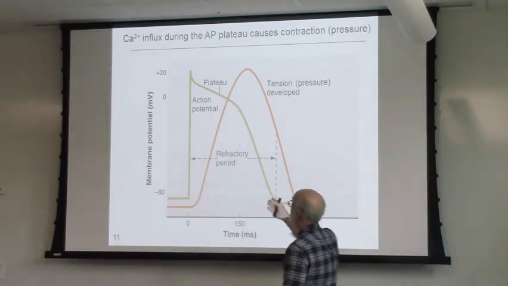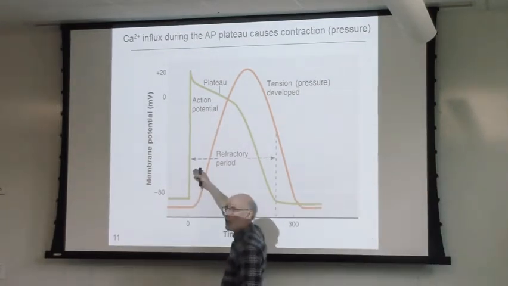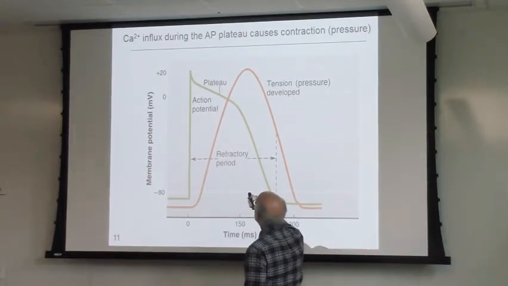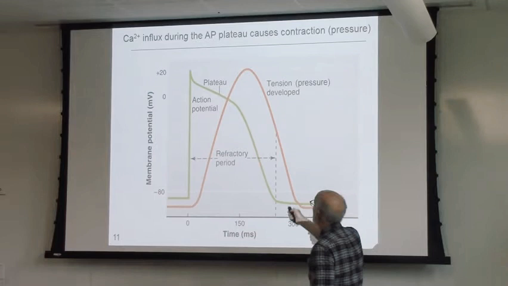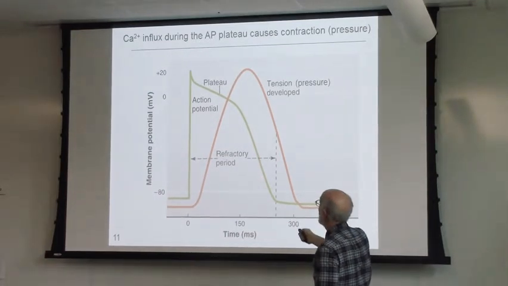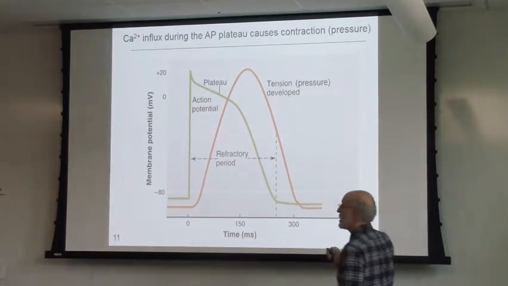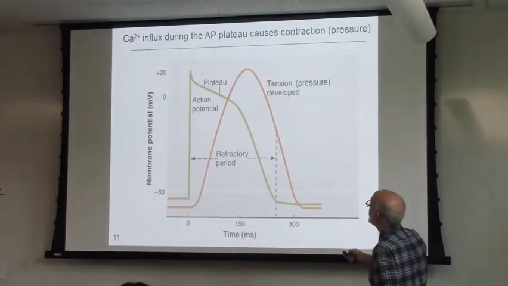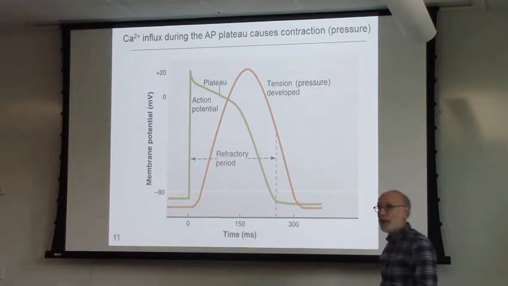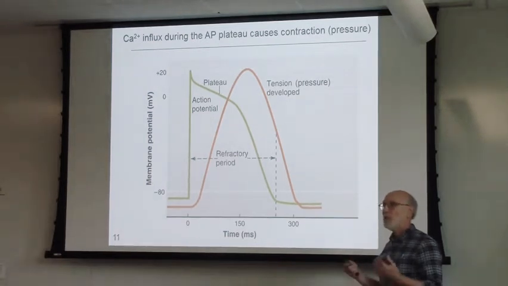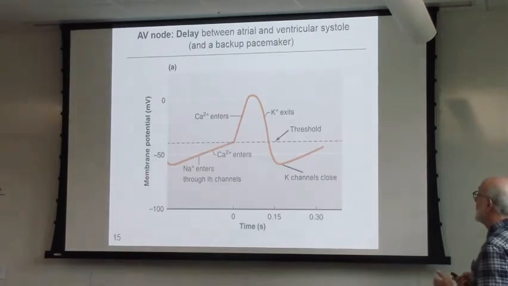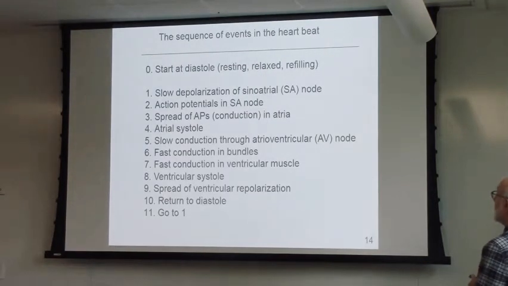Action potentials in atrial muscle: voltage-gated sodium channels, voltage-gated calcium channels, voltage-gated potassium channels, and the other channels inactivated. Back to rest, that's the electrical event. Voltage-gated calcium channels trigger contraction of atrial muscle, atrial systole. So all of that information is embedded here.